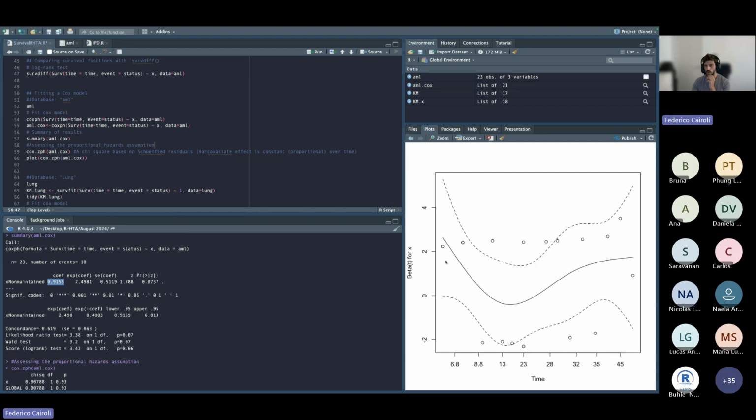Okay, so we would expect a flat line to say there is no fluctuation at all, so our covariate effect is 100% constant, but you may expect some fluctuation. The point here is that this fluctuation is not crossing zero too much, because if so, at some point you are going to have a hazard ratio higher than 1, but at another point in time, a hazard ratio lower than 1.